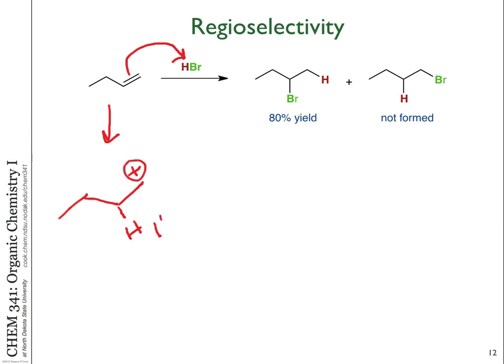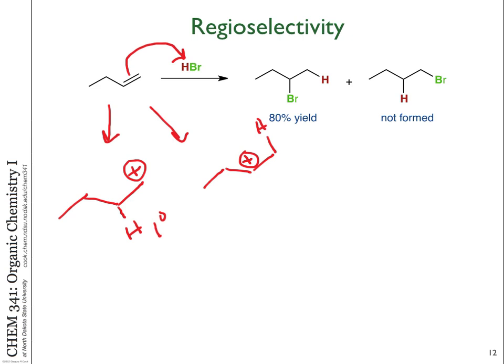That's a primary carbocation. Or these electrons could flow, putting the hydrogen on the end carbon and leaving the one next to it as the carbocation. Those are two competing pathways. That double bond could break in either direction.